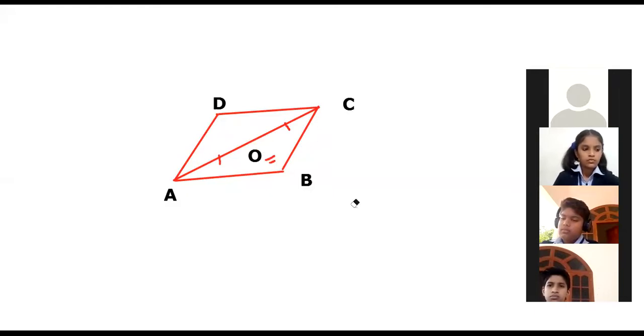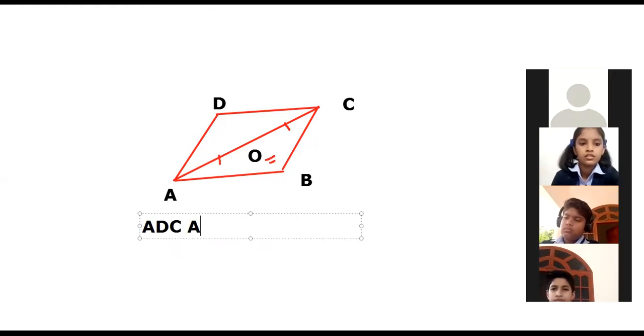When I draw a diagonal AC, ABCD is my rhombus and diagonal AC divides that rhombus into two triangles. We will get triangle ADC and triangle ABC.